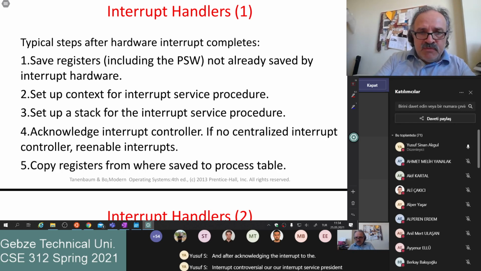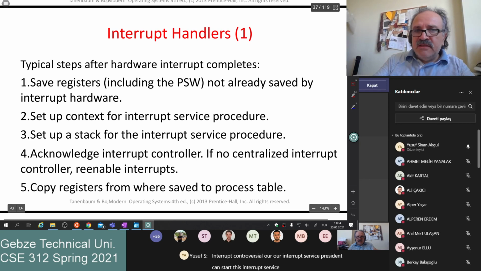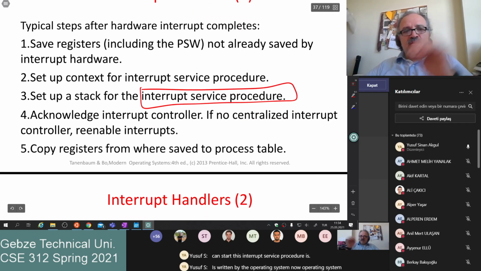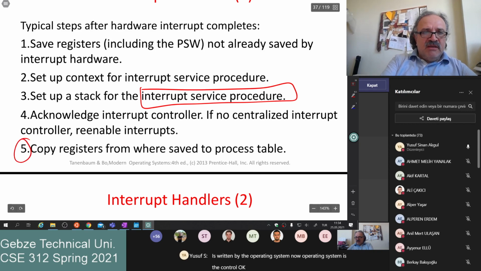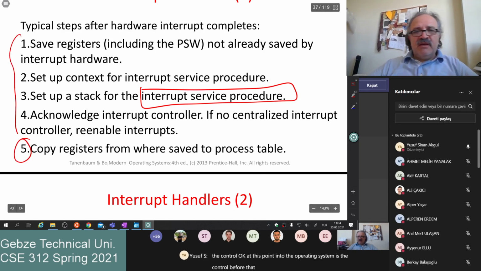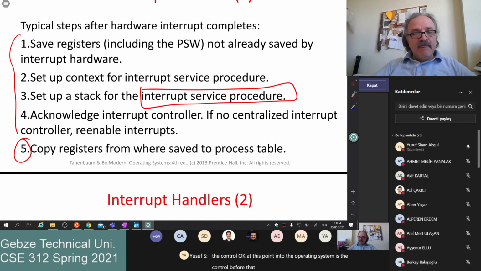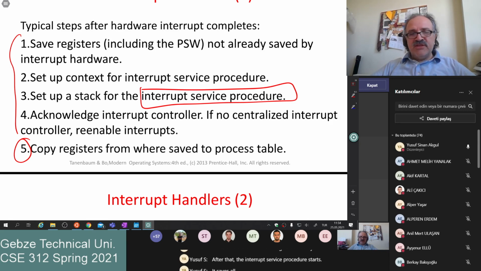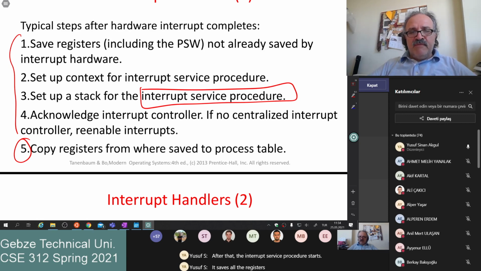This interrupt service procedure is written by the operating system. Now the operating system has the control. Before that, these things are done by the hardware. After that, the interrupt service procedure starts. It saves all the necessary registers, most of the time all the registers.